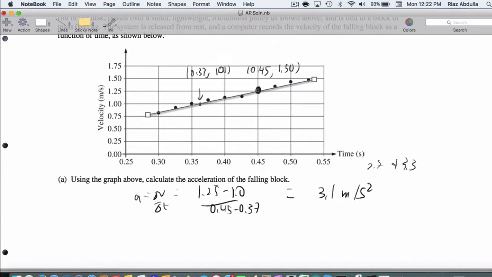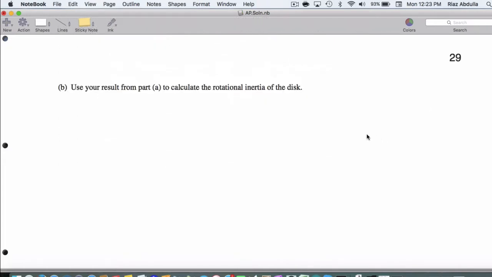Okay. Now, we want to get the rotational inertia of the disk. So continuing with that idea, first, I know that mg minus tension makes the mass accelerate. I also know that the torque is what makes it spin, and that torque comes from the rope. So we get the tension times the lever arm, I times, I'm going to write it as A over R. And so I'll have these two equations to kind of stick together.